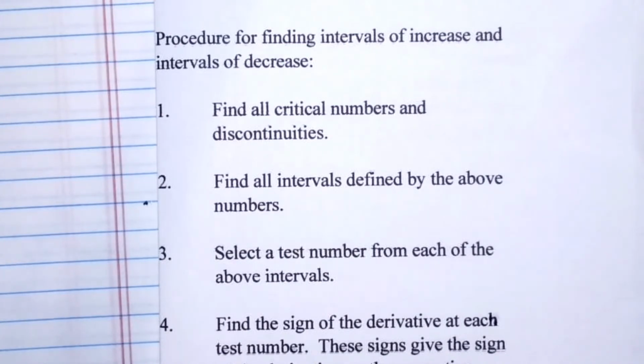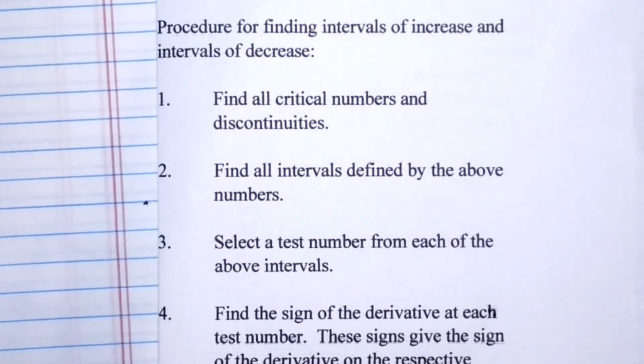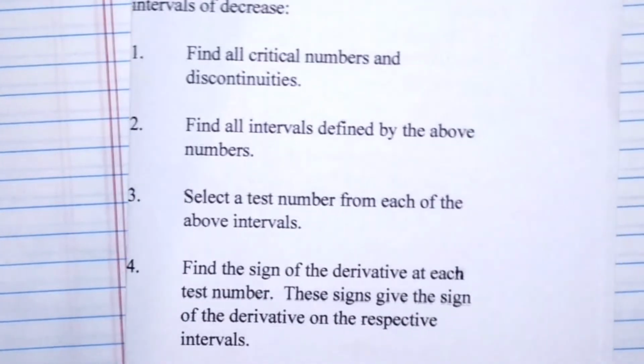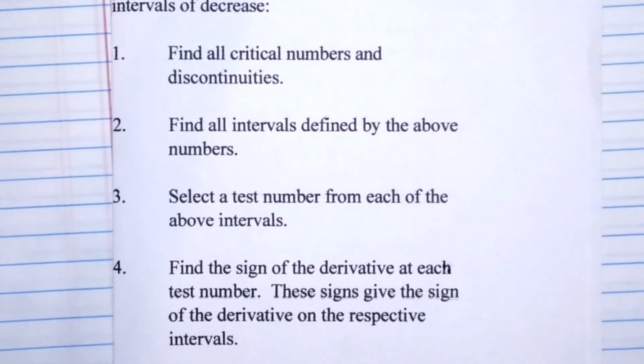Then what we will do is select a test number from each of those intervals that we found in part 2. And we're going to check the sign of the derivative at each of those test numbers. The derivative at those test numbers is going to reflect whether the function is increasing or decreasing on the interval we're looking at.